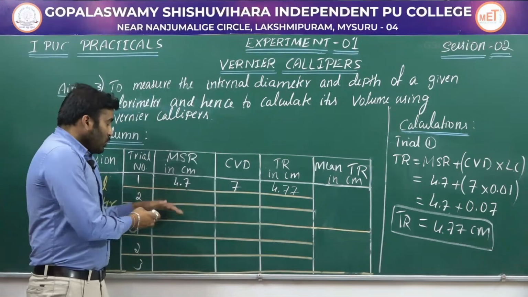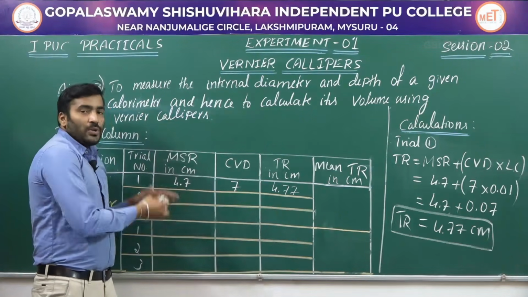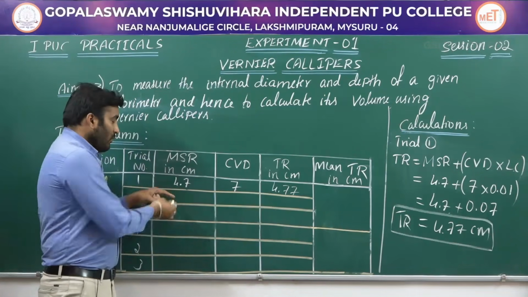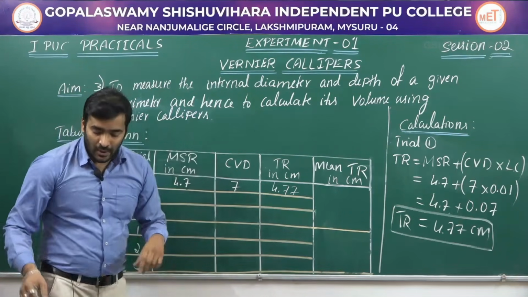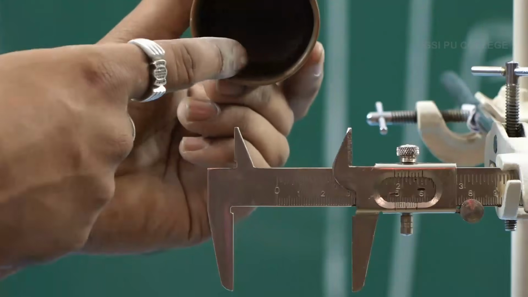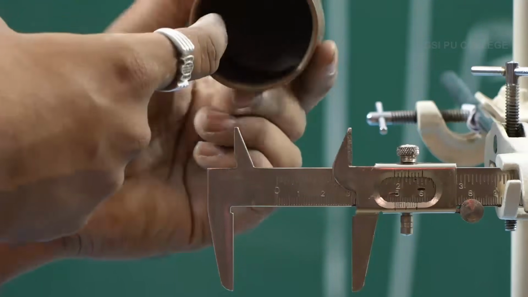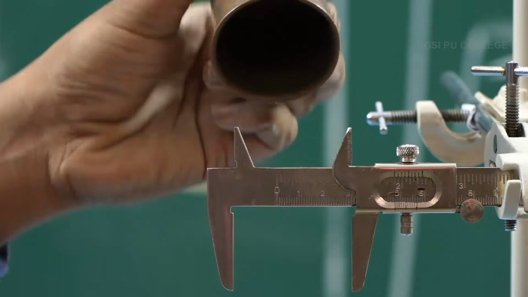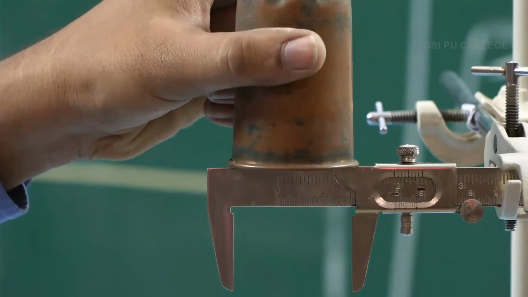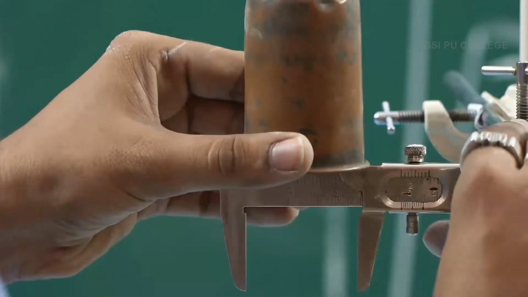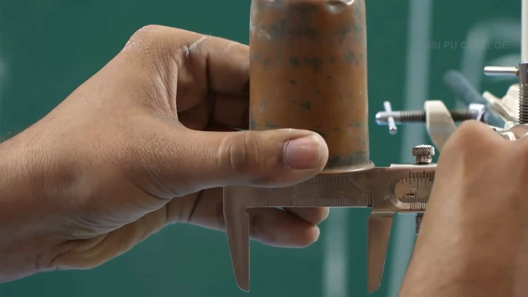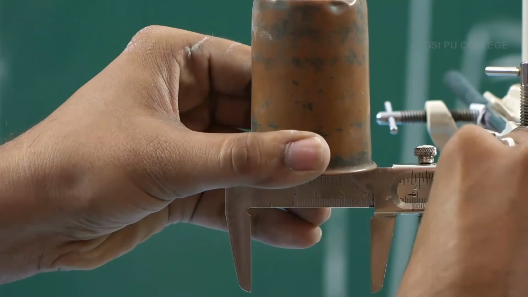Next, for two more trials, we need to change the position of the object. By changing the position of the object, we have to find these readings now. First I have kept it like this. Now I will slightly change the position of the cylinder and keep it along the diameter only. Place the object such that the two knives touch the edges of the cylinder.